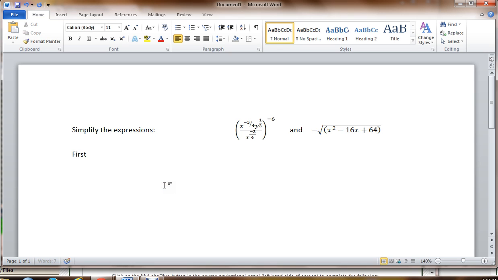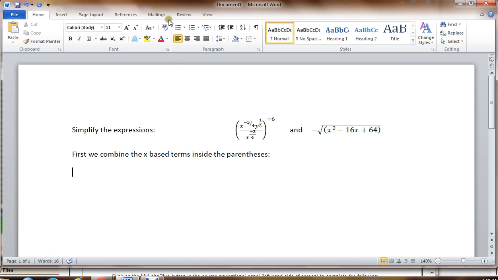So the first thing we're going to do is combine the x-based terms inside the parentheses.